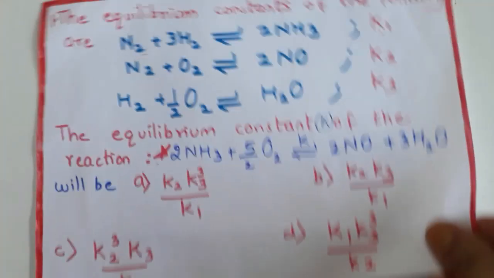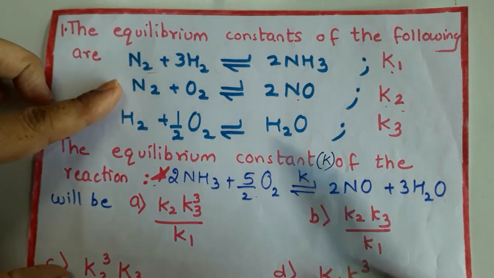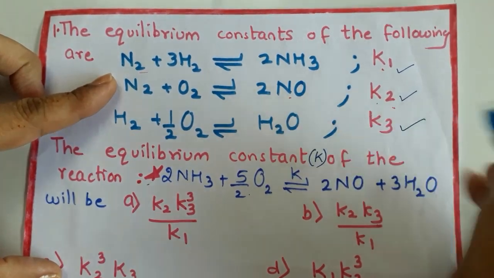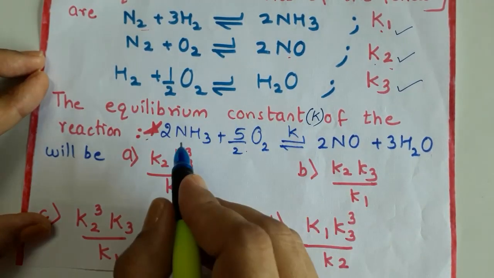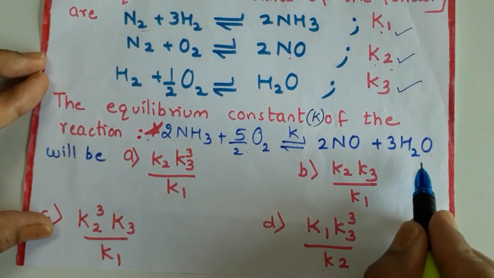Okay, the first question is equilibrium constant of the following reactions. First reaction is K1, second is K2, third is K3. Now they are asking to find out the K value for this particular reaction.